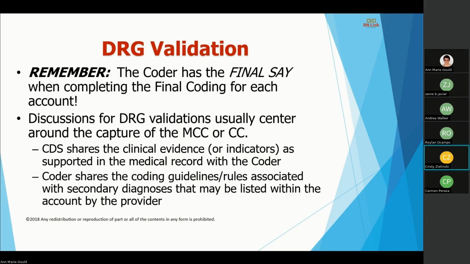So at the end there would be a mismatch. The coder will code this, and the CDI coded this one. So the CDI will just point out to the coders, see, the patient was on the vent for this number of hours. So that's an easy fix. Or if there is a surgery, sometimes the coder will not use it, but the CDI will see it's there. So that would also be an easy fix.